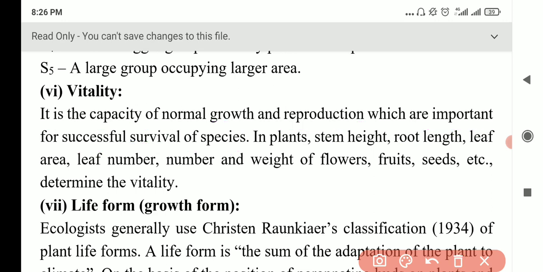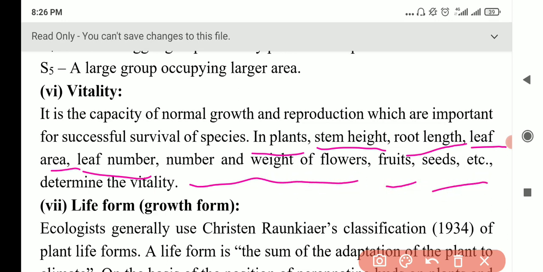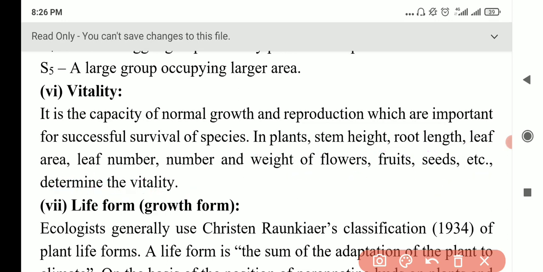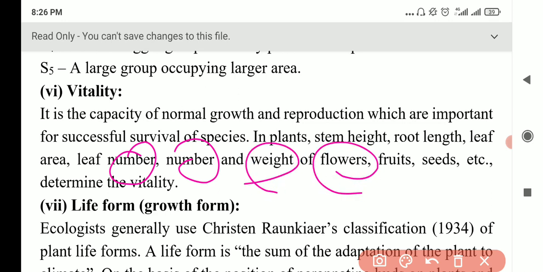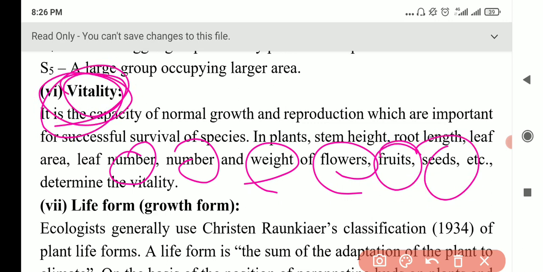Let me continue. In plants, stem height, root length, leaf area, leaf number and weight of flowers, fruits, seeds, etc. determine the vitality. Here you will see the word number. If they have more leaves, more flowers, or heavier flowers, or more fruits, or more seeds, then they have high vitality.